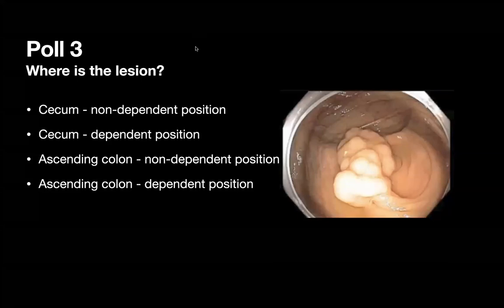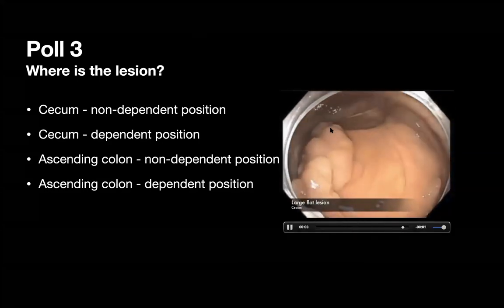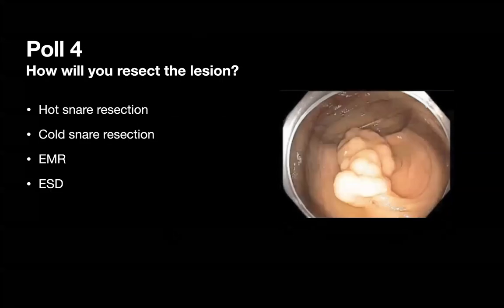I think the position right now is ideal for injection and then resection, unless you are thinking to do it underwater or something like that. Okay. I will explain a little bit later. I don't want to give up the answer right now. Okay. How are you going to resect this lesion?